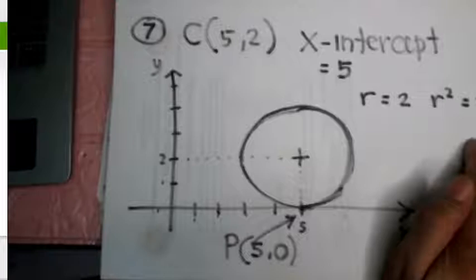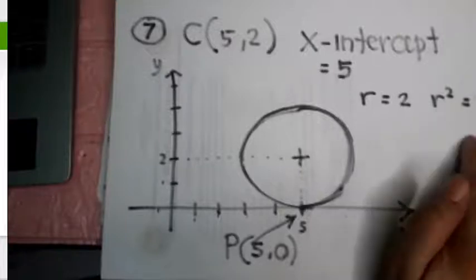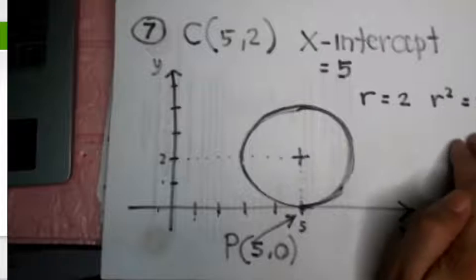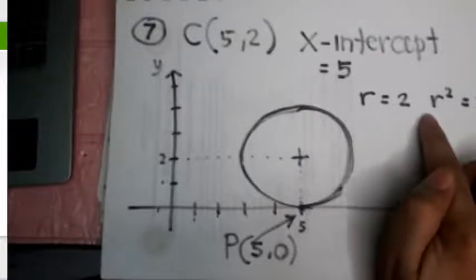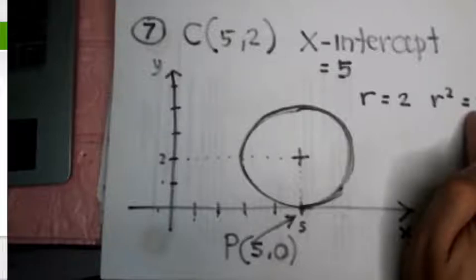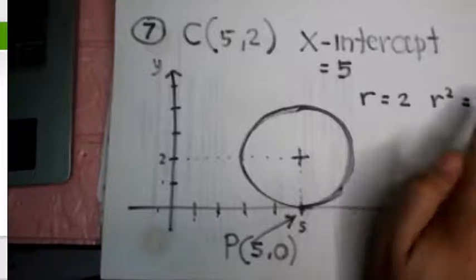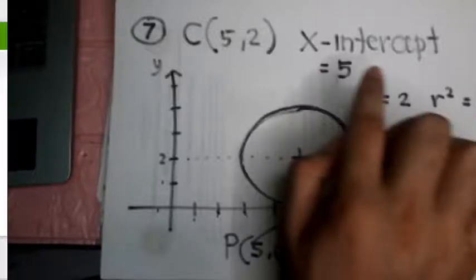The standard equation is now going to be x minus 5 squared, plus y minus 2 squared, is equal to r squared, which is equal to 4. This is our answer.